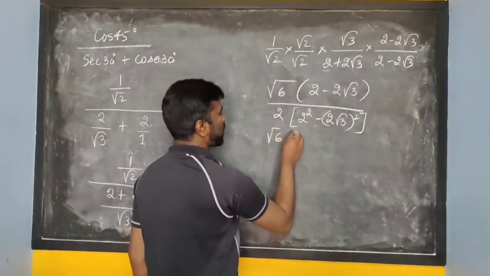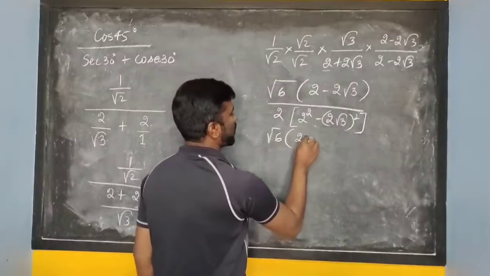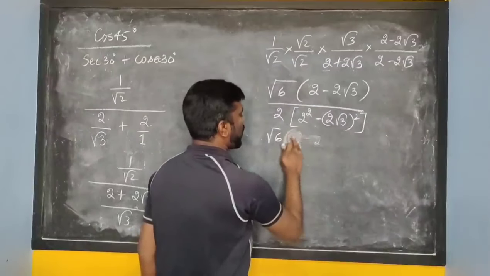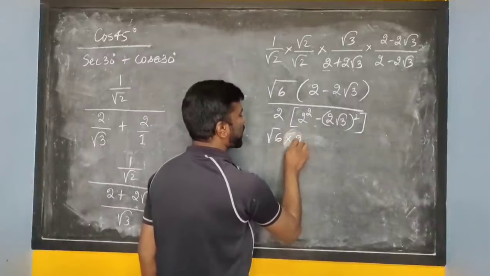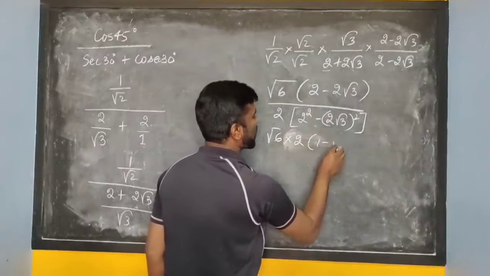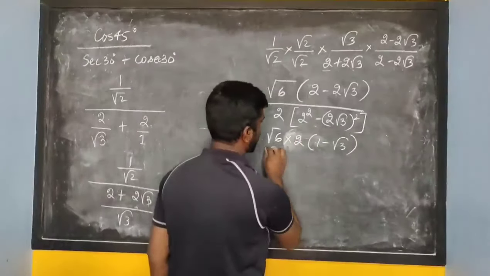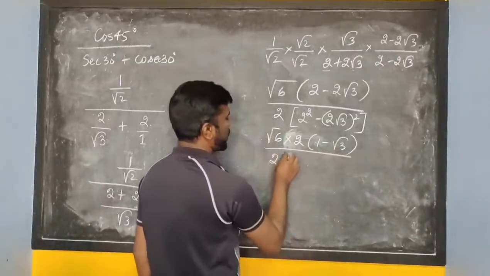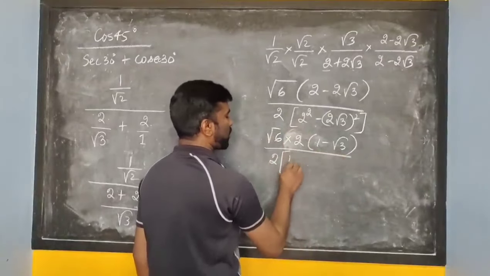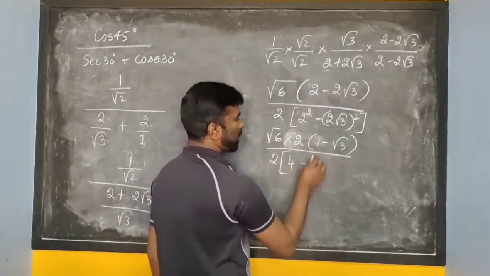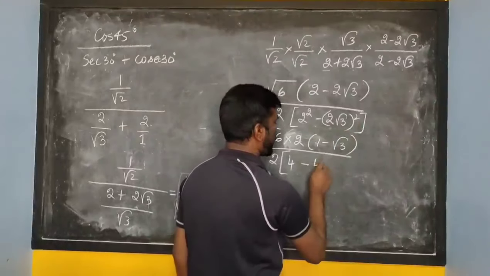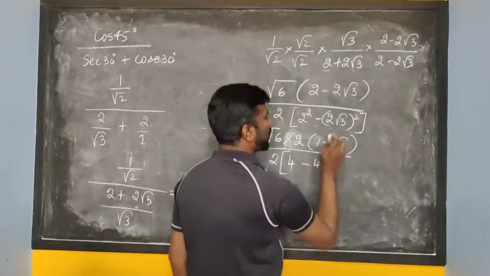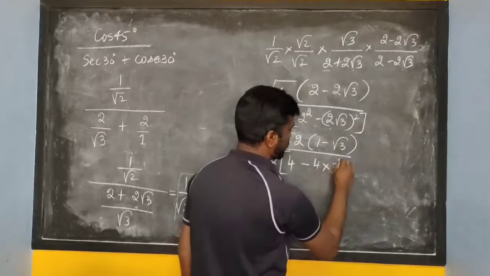Root 6 into 2 minus 2 root 3: we have a common factor 2, so we can directly take 2 as the common factor. 2 into 1 minus root 3, divided by 2 square is 4 minus, you should square each number of this term. 2 square is 4 into root 3 square is 3.